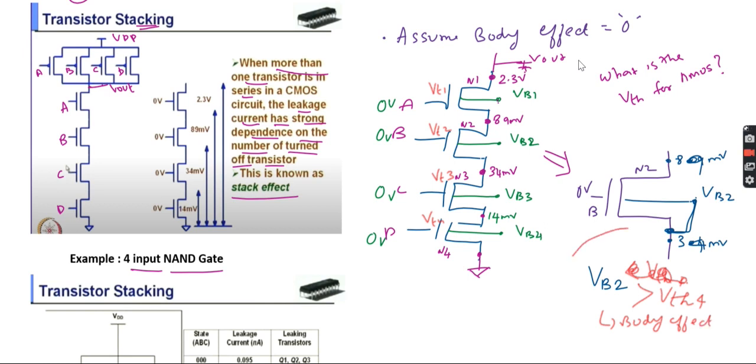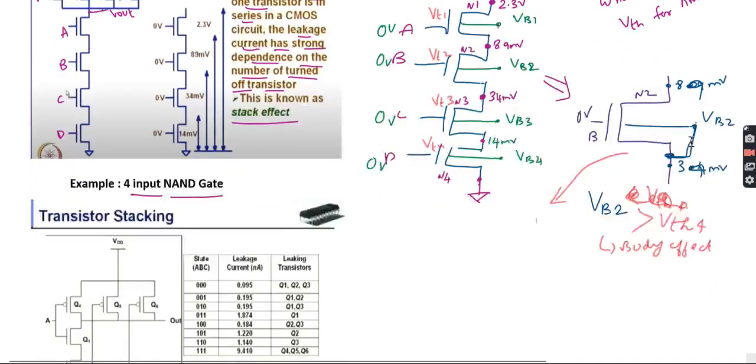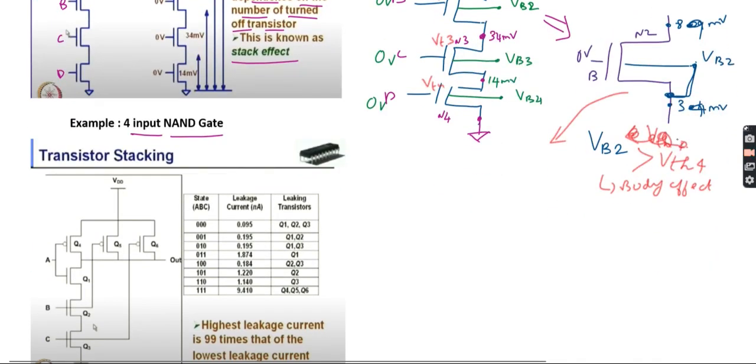To avoid that, what you need to do is very simple. You need to take this connection. This is your B, right? This is the bulk, right?